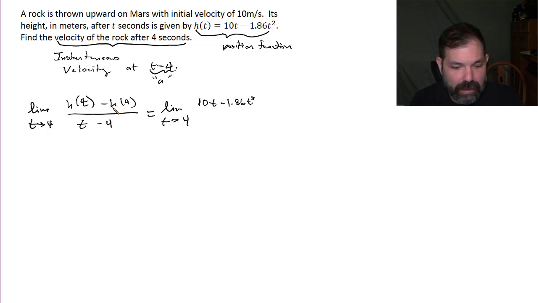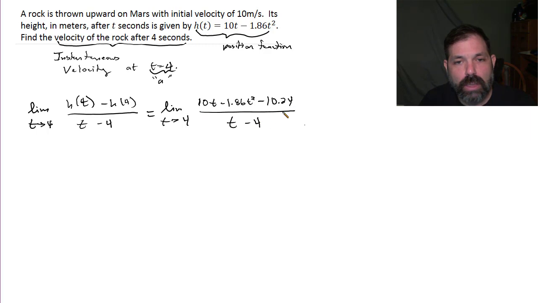H of 4, that would be 10 times 4 minus 1.86 times 4 squared. And that is 10.24 over t minus 4. Now, I know this is an indeterminate form because if I was to substitute 4 in for t, that would give me the same 10.24 as the sum of these two terms here. I know it's indeterminate, so then I would have to try to factor this.